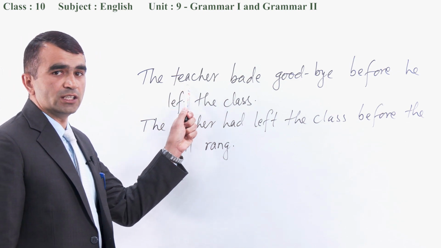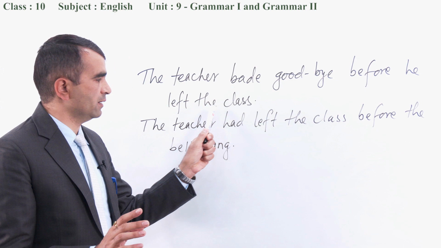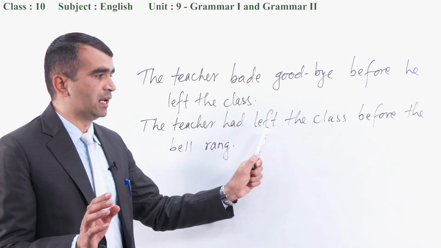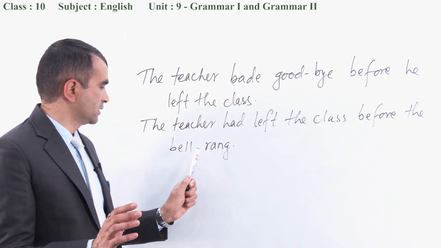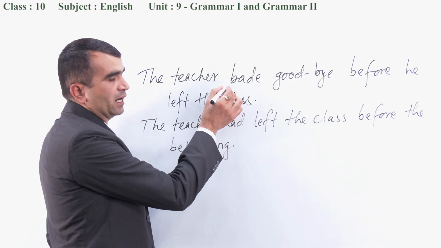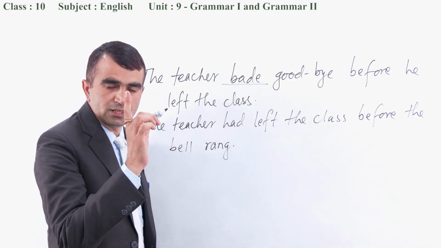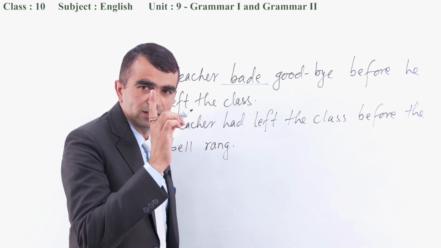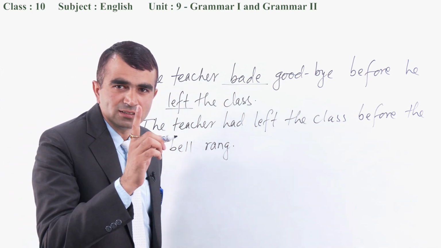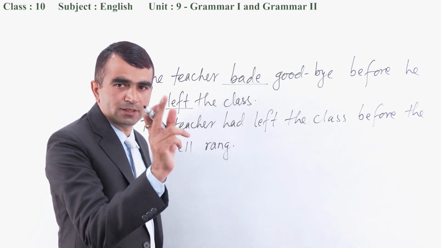Here the teacher bid goodbye before he left the class. Okay. And the teacher had left the class before the bell rang. Here both are events. Bid goodbye, what is it? What tense? Simple past. He left the class. What tense? Simple past. The teacher had left the class.